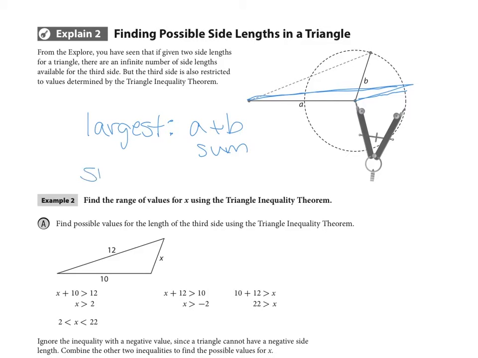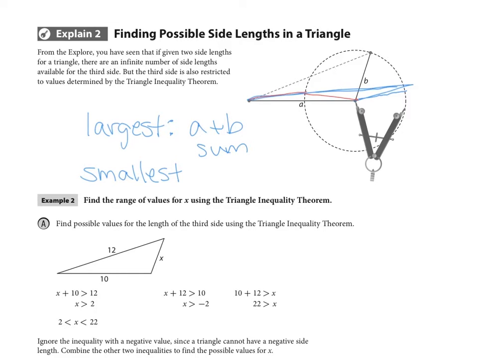The smallest it could possibly be: if we fold the triangle in the other direction, and we fold point B closest down almost so that it's flat, we could have a triangle, let's say, right about here, which is just a little bit more than the difference between the two.